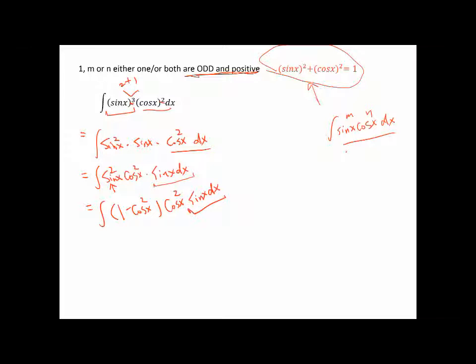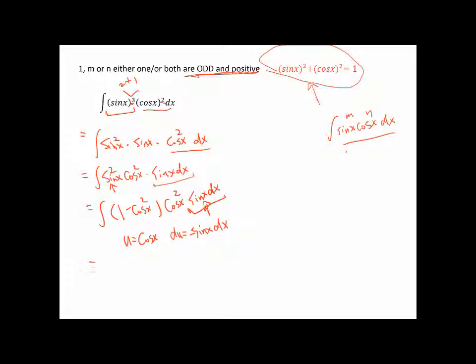I don't want to change anything for this part because this is what I make up for the substitution. u equals cosine x, because du is negative sin x dx.